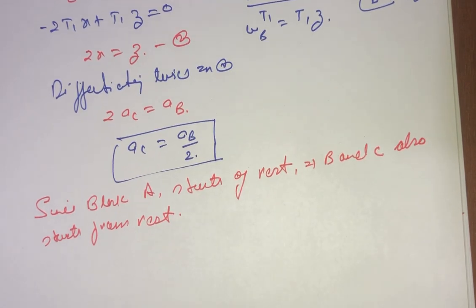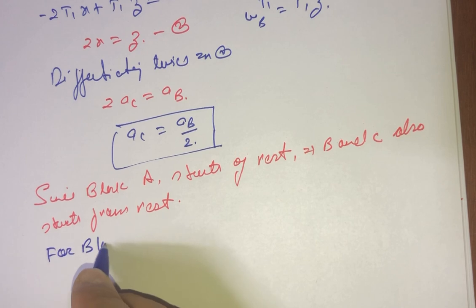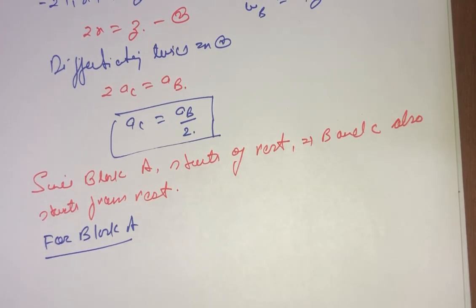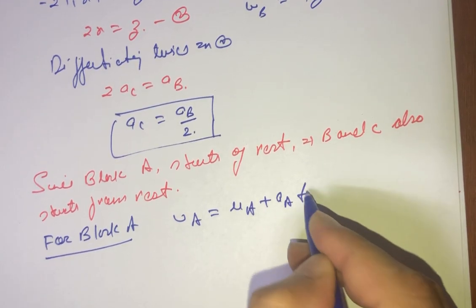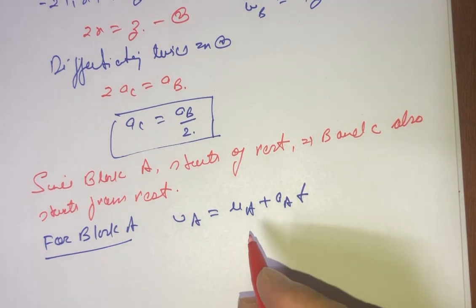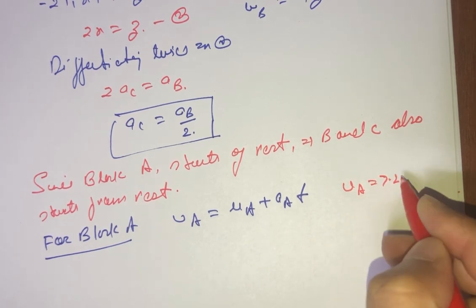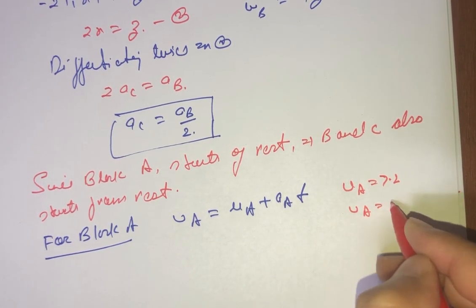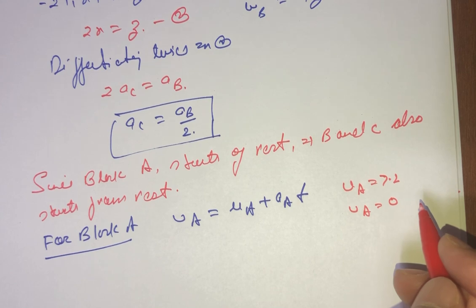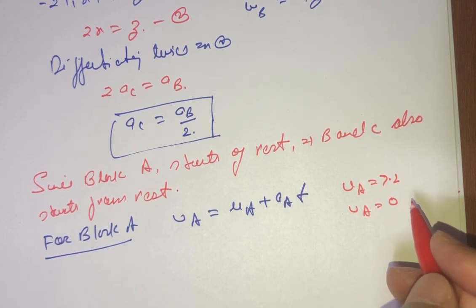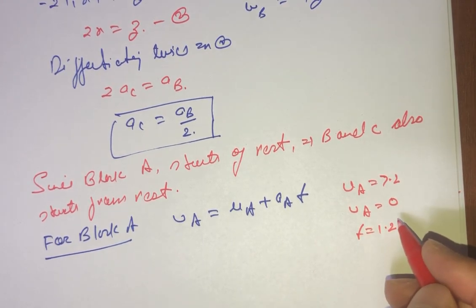So we are going to use the equation of kinematics. So we can write this for block A, VA is equal to UA plus AA into T, and VA is given as 7.2. Okay, we can write VA is given as 7.2 and starts from rest, so UA is equal to 0 and time is given as 1.2 seconds.